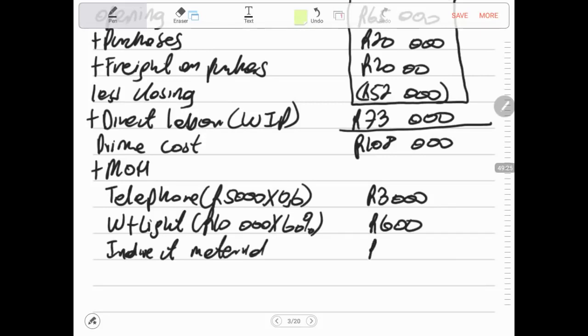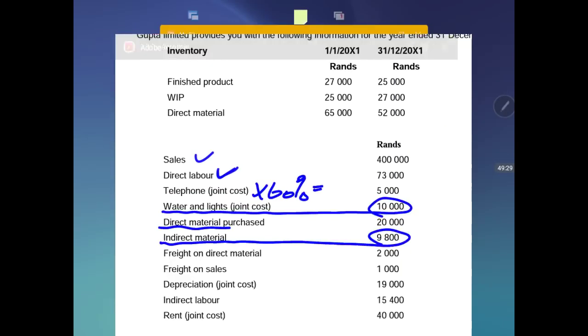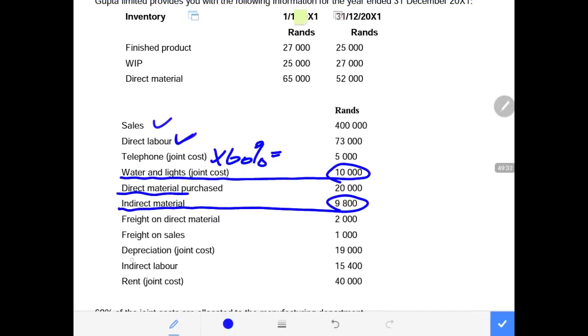My indirect material is 9,800. That was all related to production. That was indirect material. Freight on that was accounted for.